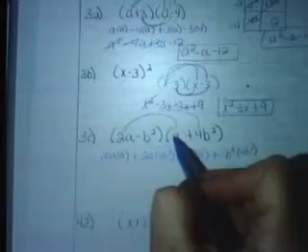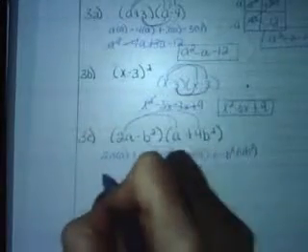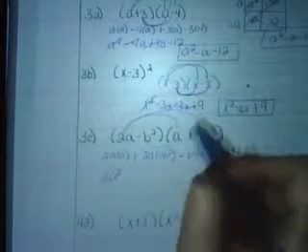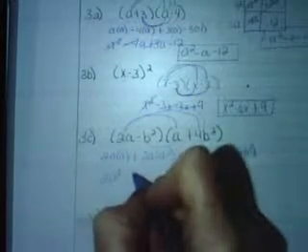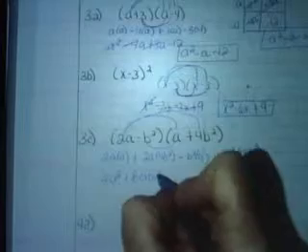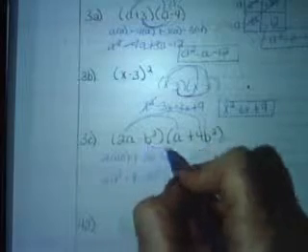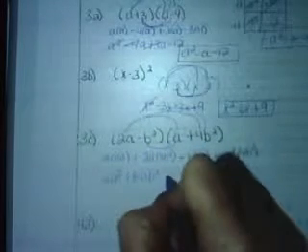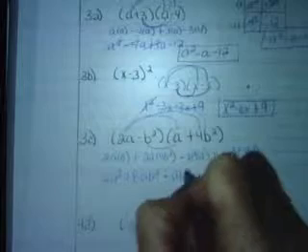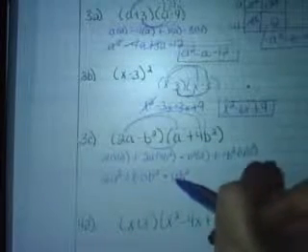Okay, so 2a times a gives me 2a squared. 2a times 4b squared gives me 8ab squared. You can see it here. 2 times 4 is 8, ab squared. And then negative b squared times a, so negative ab squared. I'm going to make a habit of putting your variables in alphabetical order.